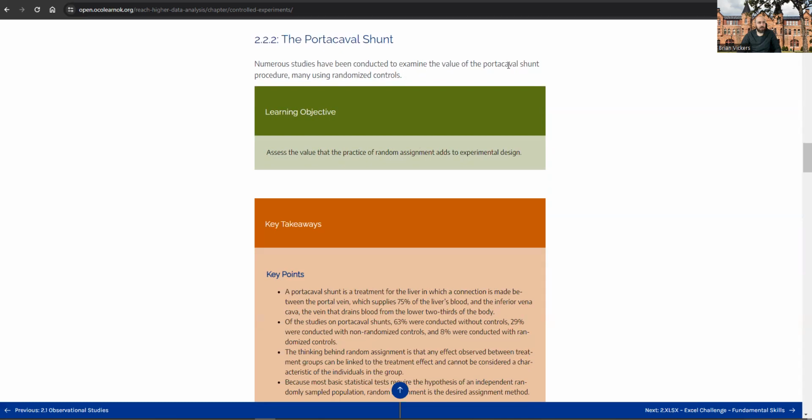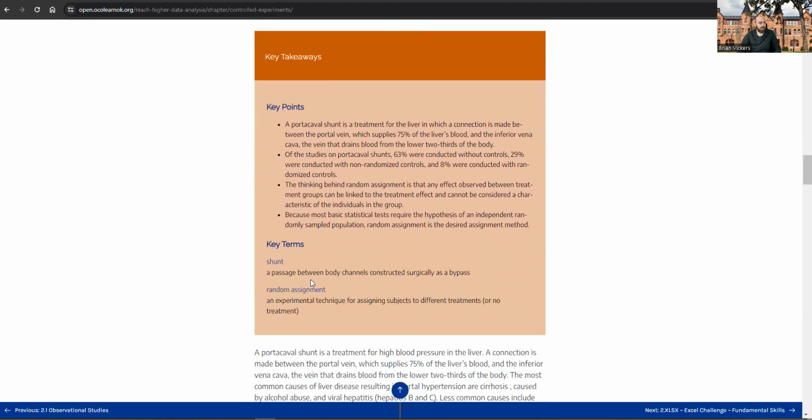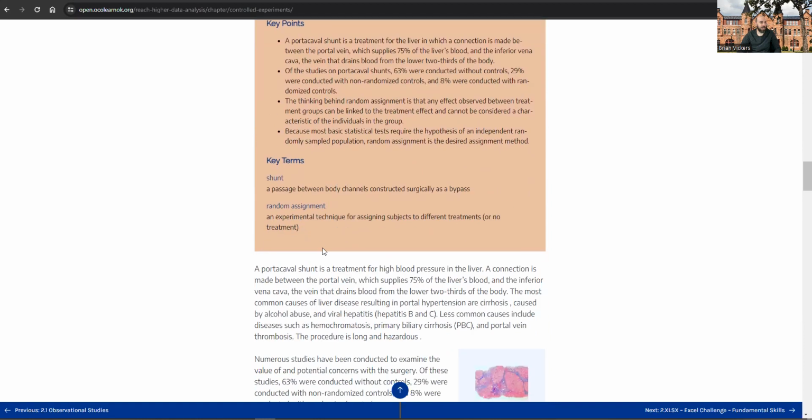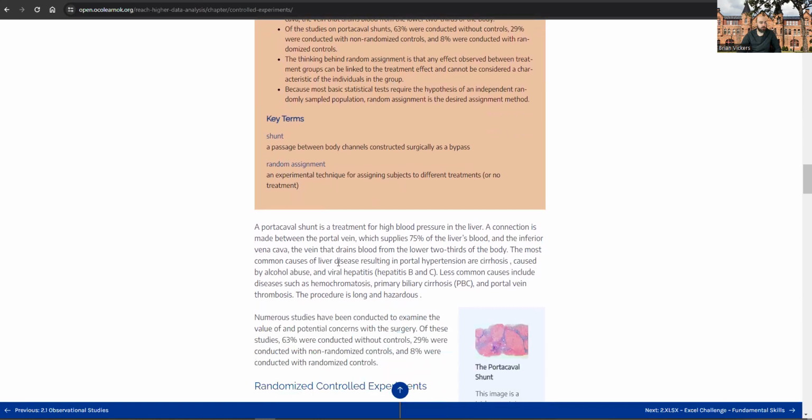This next study had to do with what we call a shunt procedure, a treatment for the liver, where there's some kind of bypass done for the vein. Not a medical guy here. And again, there were studies done with randomization and non-randomization to try to determine the effectiveness of it.